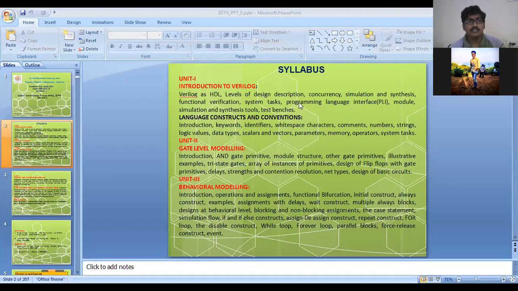Okay, you see the introduction. The first unit is regarding the introduction to Verilog. In the previous classes, that means in the second year or third year, you have seen VHDL, right?